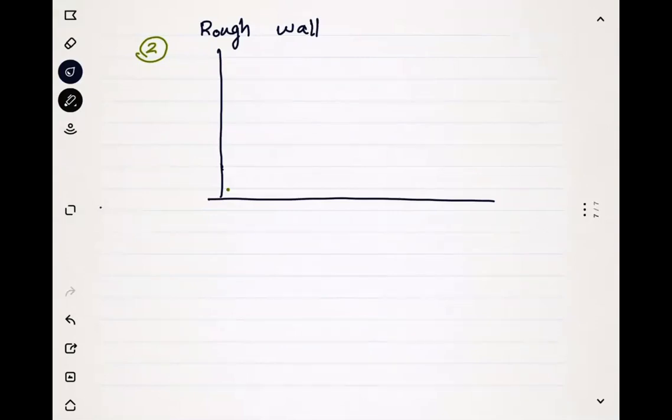And the net force is the sum of the friction and the contact force provided by a surface. So contact force is always perpendicular to the surface. This is the rule. So we have a rough wall here, and even the ground is also rough. So a ladder is balanced against a rough wall and a rough ground.